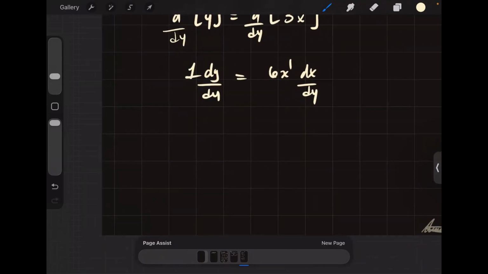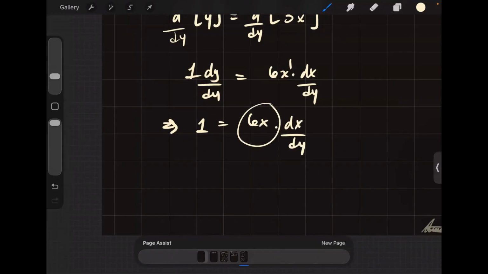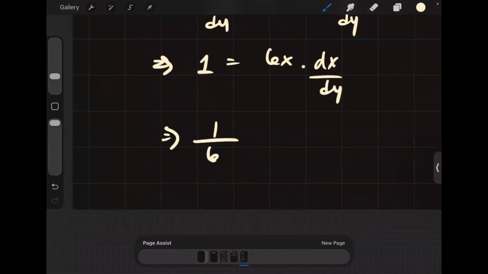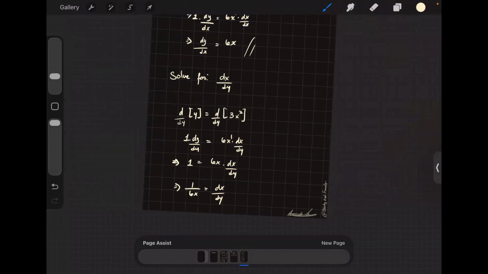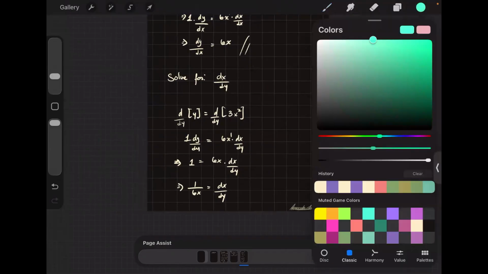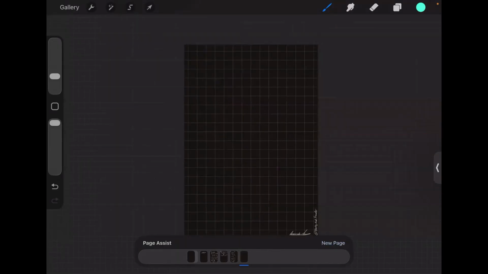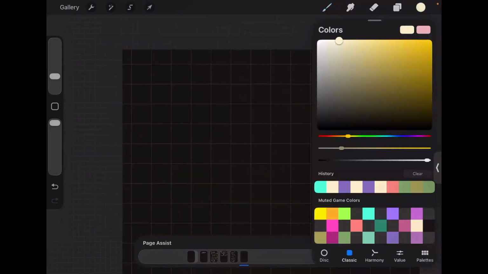You can turn this dy/dy into 1. 6x dx/dy. Oh no, there's a multiplication going on. We need to get this by itself. Just divide by 6x. 1 over 6x is equal to dx/dy. And if you notice, these are inverses. These are reciprocals of each other. You flip them upside down. Yeah, it's pretty straightforward. Okay, so let's do an example.